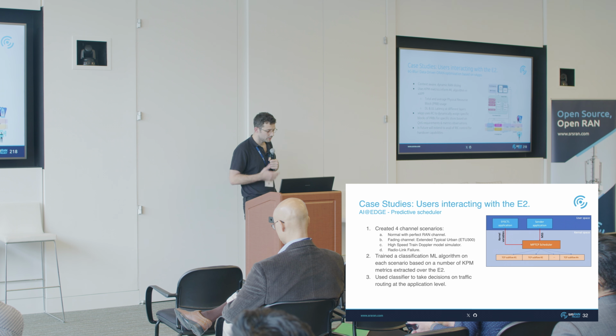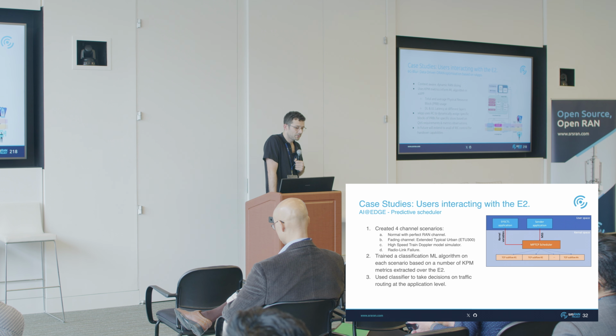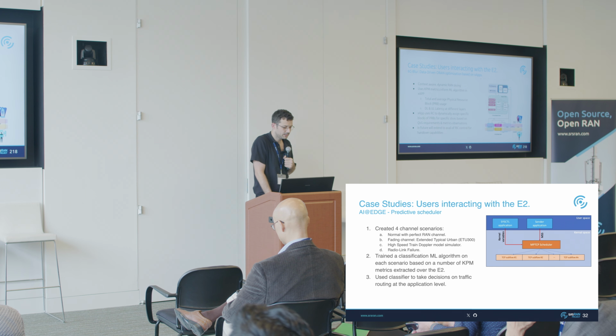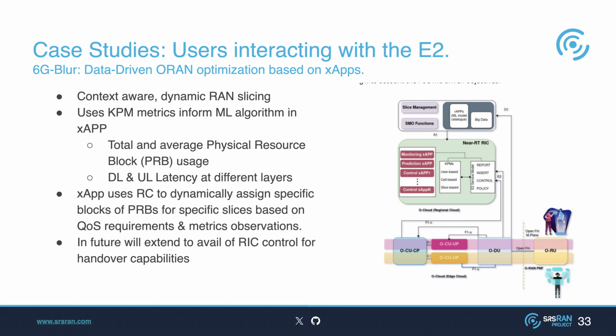The second one is another publicly funded project, a national project in Spain, with a research group called CTTC and with Keysight as well. They're actually using the Keysight RIC in this case. This is doing some context-aware dynamic RAN slicing.